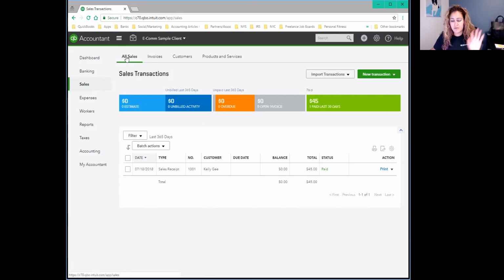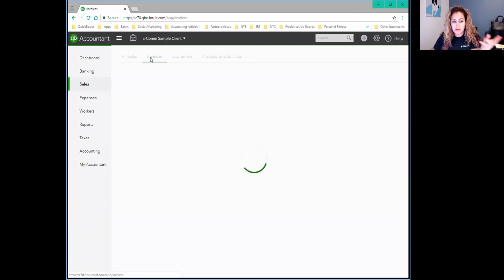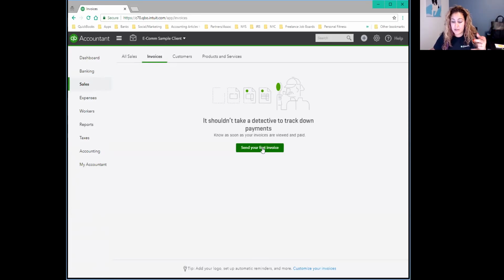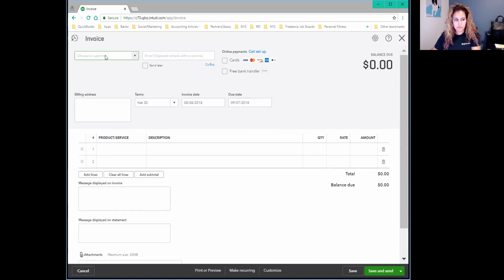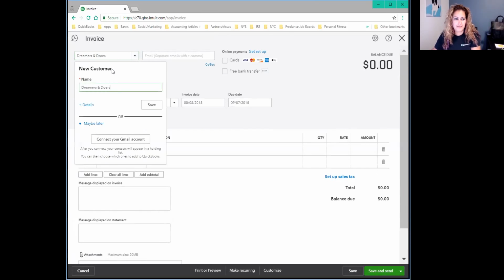So in here, they're going to give you a list of all your sales. This is going to show your sales receipts and your invoices for the most part. All right. And here is if we have any invoices, but since we're doing this, we're going to create one. So let's say I want to send my first invoice, and it's going to be to Dreamers and Doers, right?